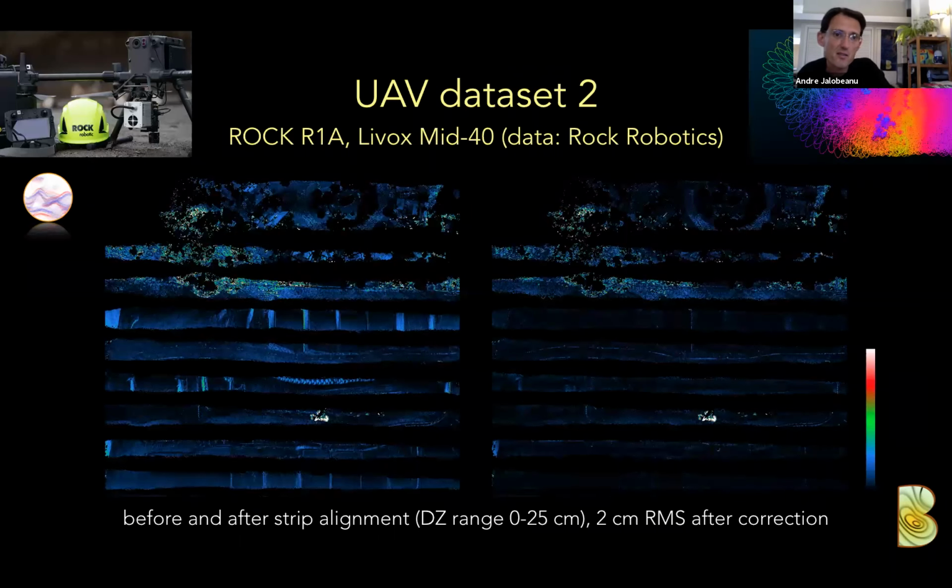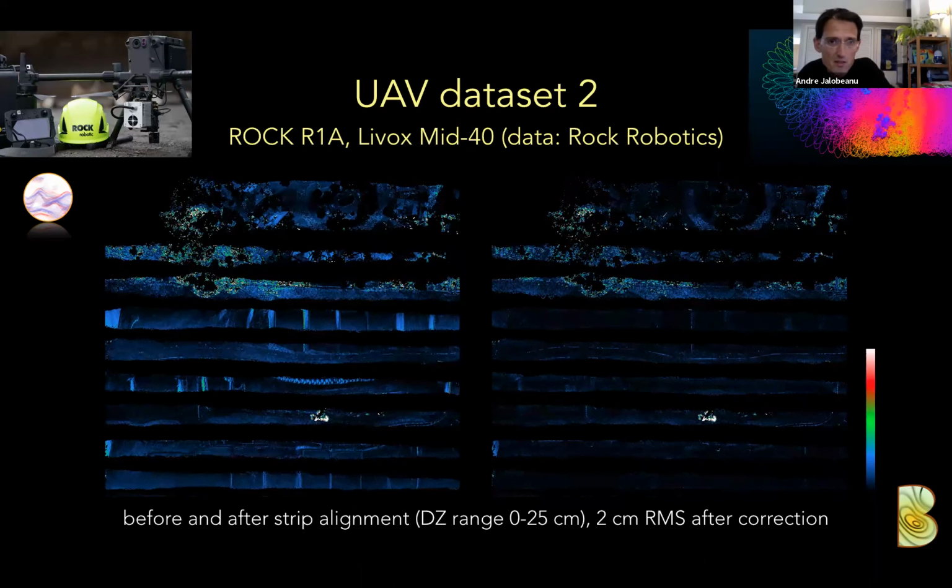Another data set here is from Rock Robotic, from a LiveVox Mid-40. So this scanner has a really fancy scanning pattern. It's kind of odd when you come from the airborne industry. But anyway, it works pretty well. You just need to fly slow, and then you can sample a lot of points and get a very nice point density.